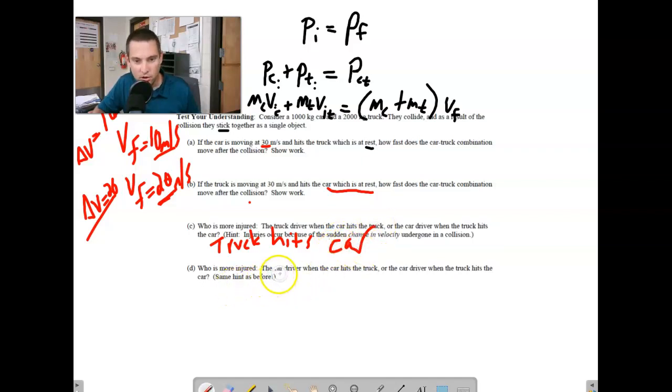Who's more injured? The car driver when the car hits the truck, or the car driver when the truck hits the car? Truck hits the car, every single time, because we're dealing with that same change in velocity for the car driver.